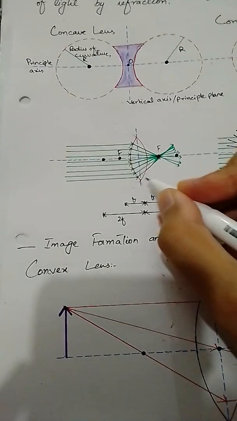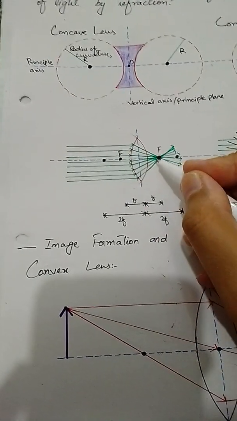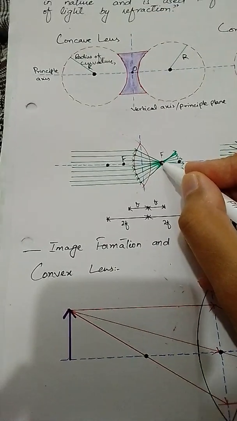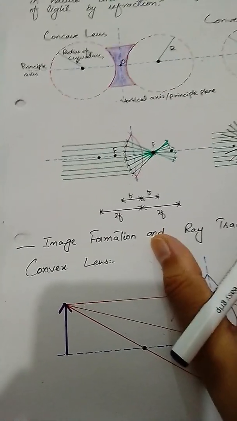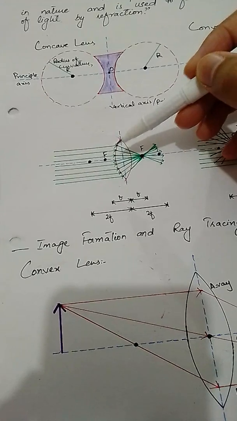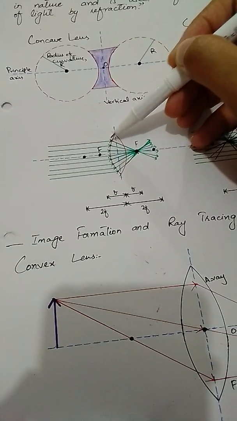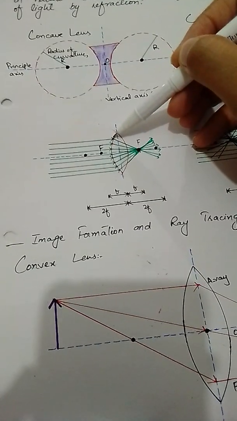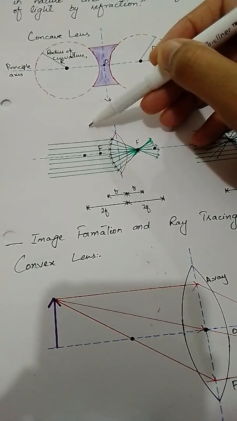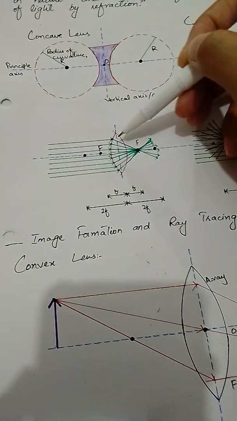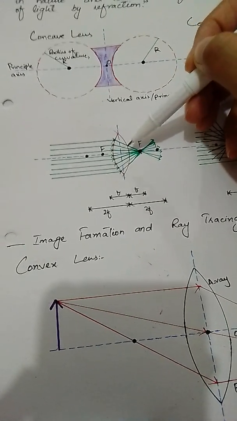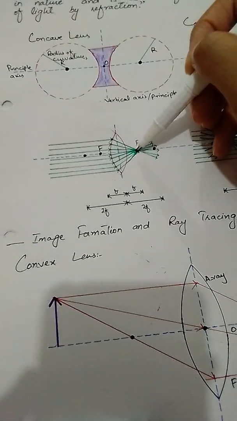But in case of mirrors, after striking the surface, the ray just gets reflected back, and we have to trace it back to get our original image.